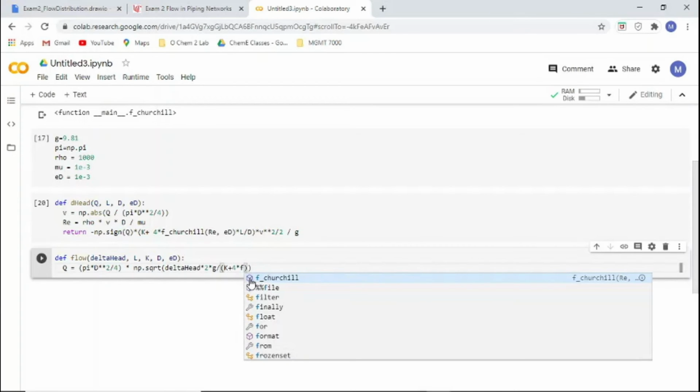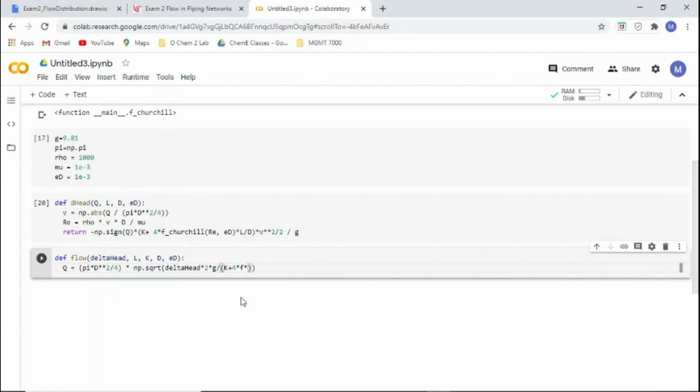We're going to go back and change that in just a second because we haven't defined that variable at all. And then we need to multiply that by the length over the diameter.